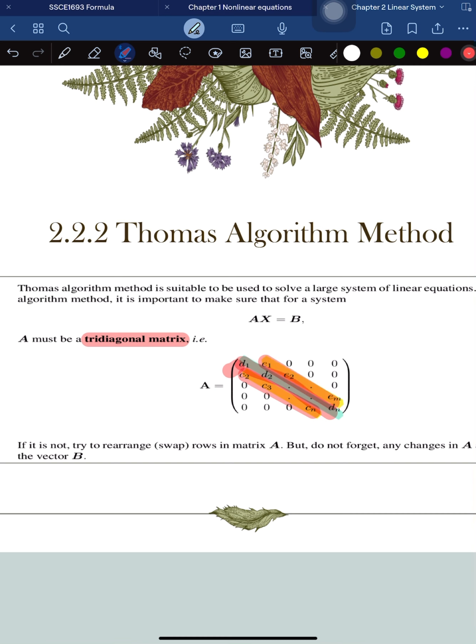You have to rearrange your matrix so that you can get the tri-diagonal matrix. If your matrix is not tri-diagonal, you have to change the row until you get the tri-diagonal matrix. After that, you can apply the Thomas algorithm.